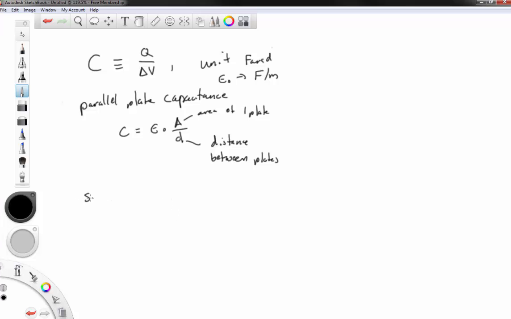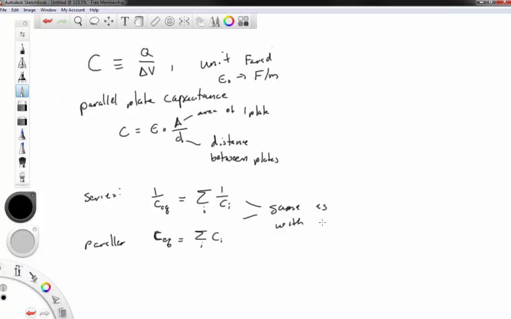So in series, you have 1 over C equivalent is equal to the sum of 1 over C sub i. In parallel, you have that C equivalent is equal to the sum of the individual capacitances, and this is basically the same as with a spring.